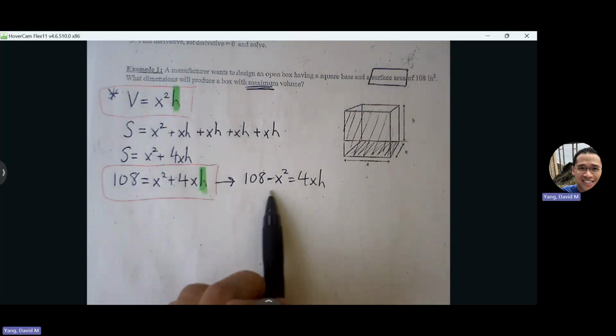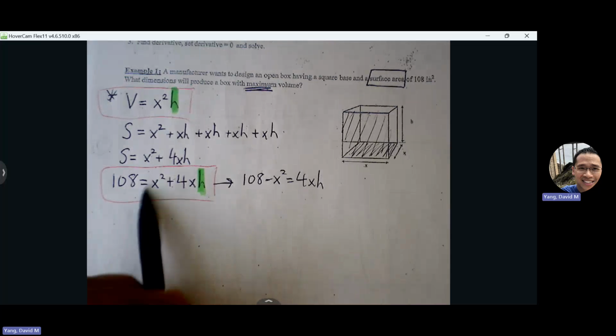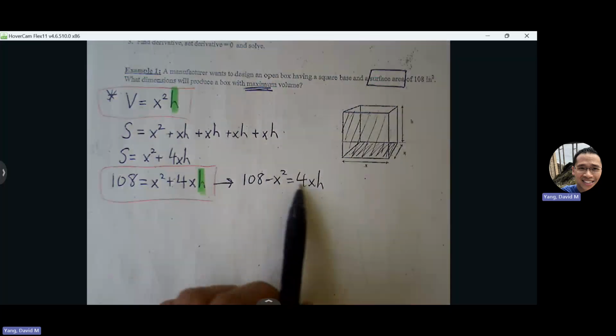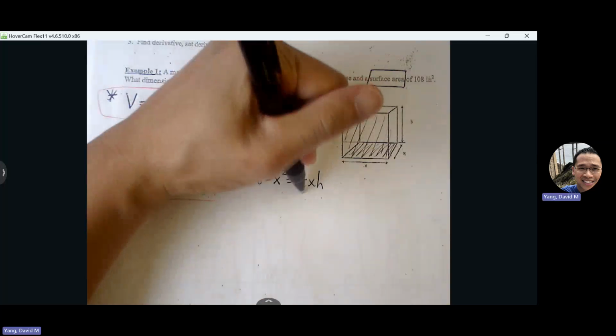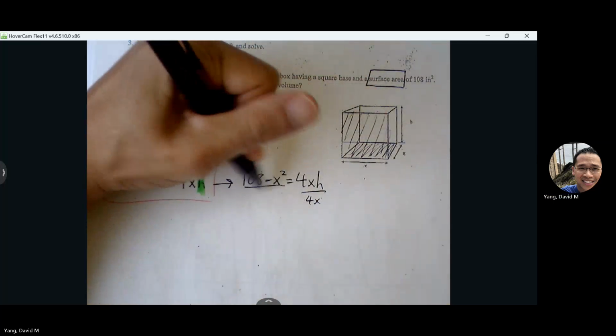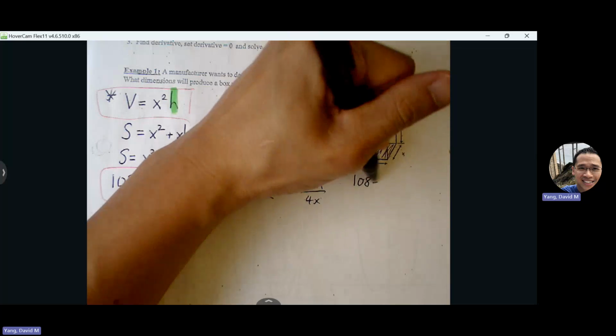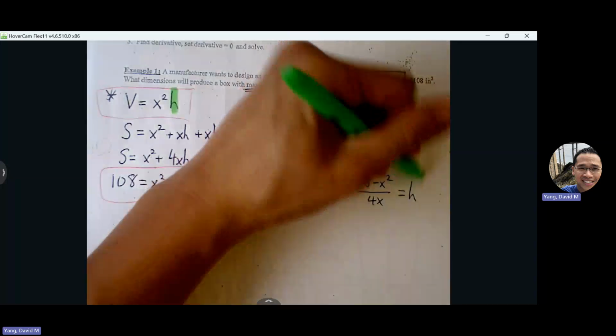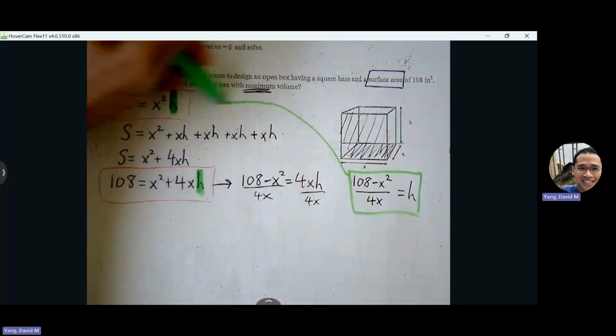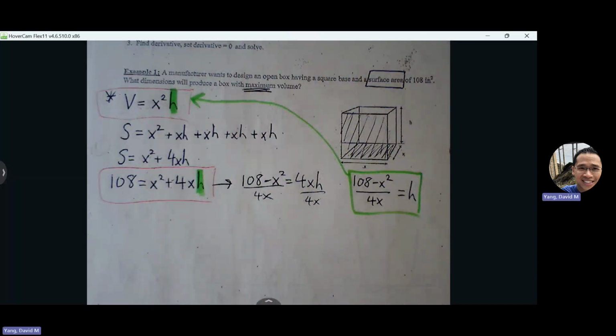So I move that x squared over to the other side. I want to get h by itself. So what else can I do? Divide by 4x. So 108 minus x squared over 4x is equal to h. So there is my replacement for the h inside the volume equation.